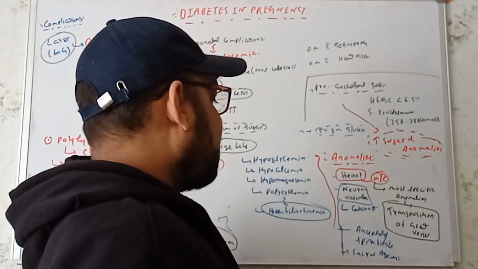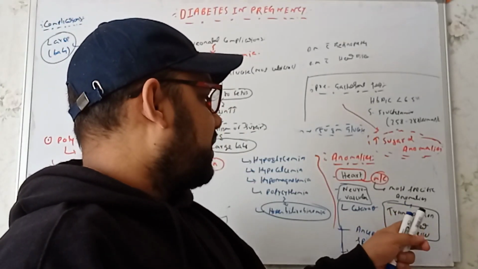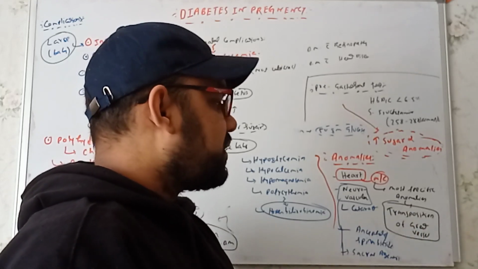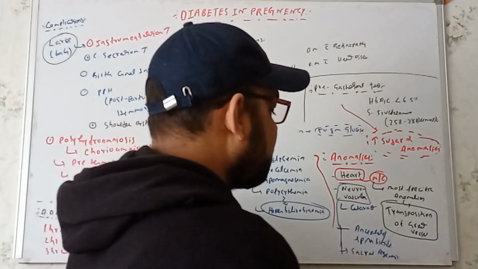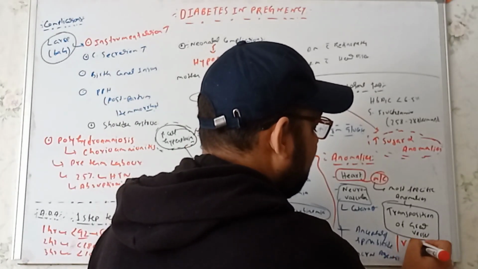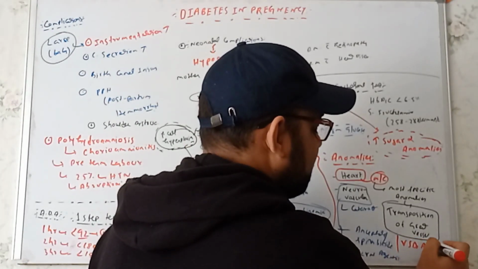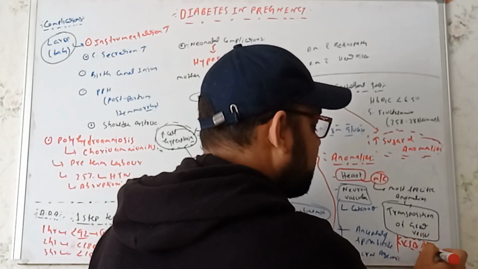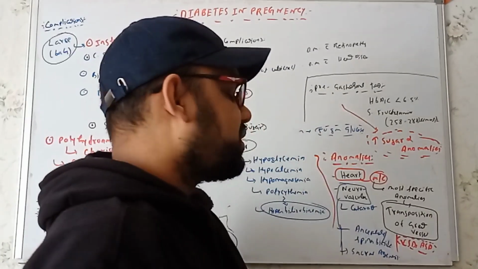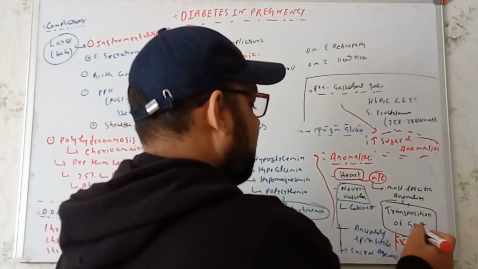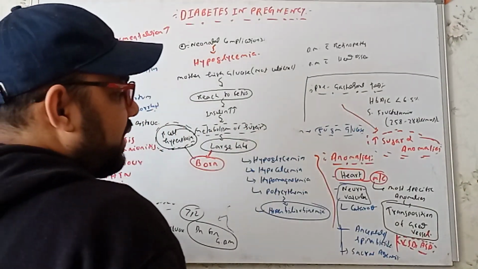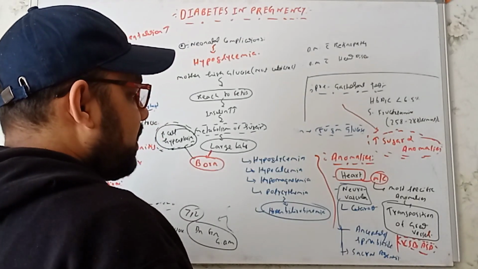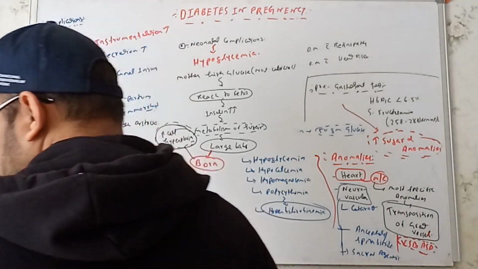Another important thing is that in the heart, transposition of the great vessels is the most specific and the most common one, but along with it we can also see VSD, the ventricular septal defect, and the atrial septal defect. These can also be seen, but the most specific is transposition of the great vessels. So these are the anomaly complications in the baby.